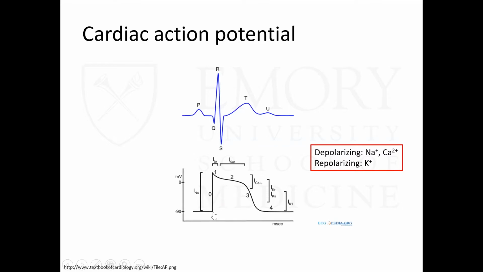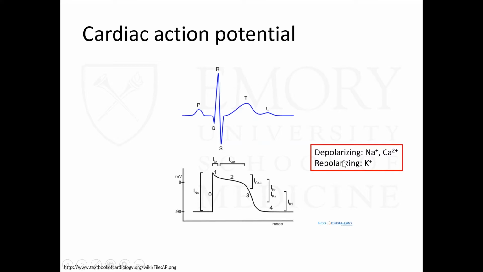So basically, the phase 0, the action potential, beginning of the QRS. The plateau phase here, phase 2, is basically the ST segment. And then the end of the T wave is repolarization, which is what gets you back down to the resting membrane potential. So phase 3 really corresponds to the end of the T wave. So the action potential actually corresponds pretty well to the QRS and T waves on an EKG.